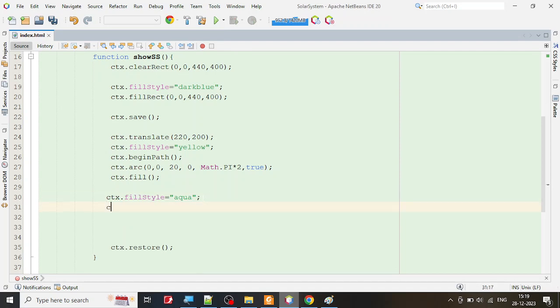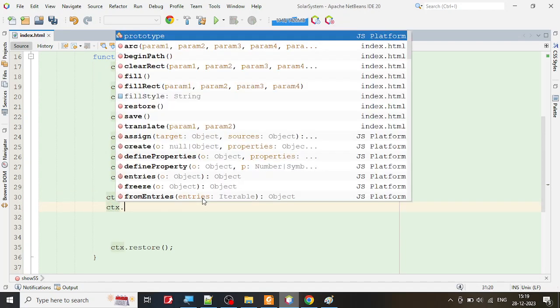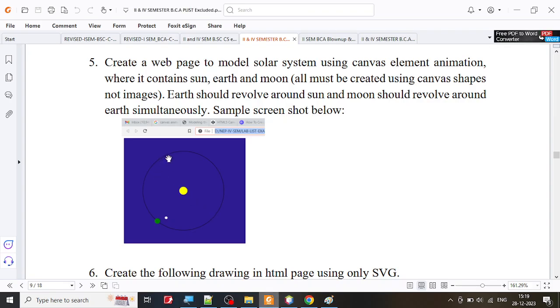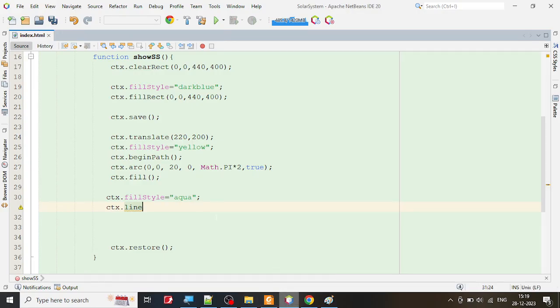I'm going to slightly increase the line width, because it's not really visible. The line width is 1 pixel, so I'm going to make it slightly larger by saying line width equal to 5. Okay, 5 pixels, now a kind of larger line.